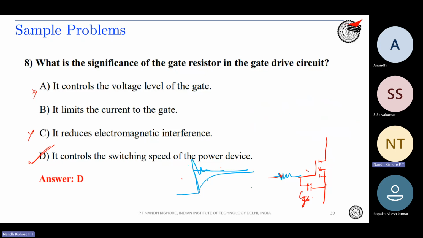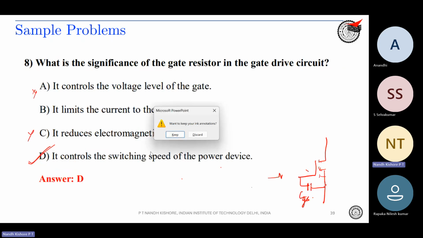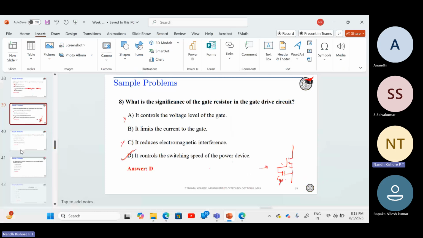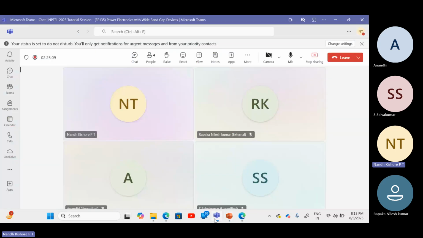Okay, so it controls the switching speed of the power device, in how much time the device turns on, right? It is controlled by the gate resistance. Okay, so I think we can conclude till this point. We will start off from here in the next class. Any doubts so far, or can we conclude over here?